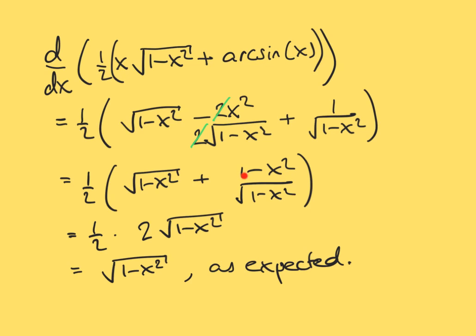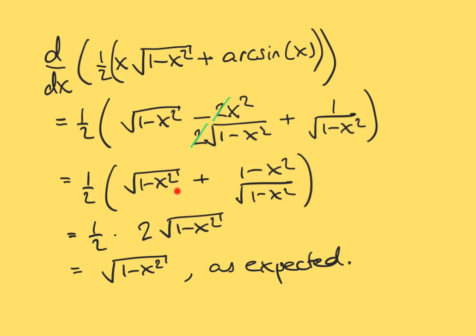And now we look at the numerator and the denominator, and this is 1 minus x squared to the 1. This is 1 minus x squared to the half on the bottom, or effectively we're multiplying 1 minus x squared by 1 minus x squared to the minus a half. Either way, what this gives us is the square root of 1 minus x squared.